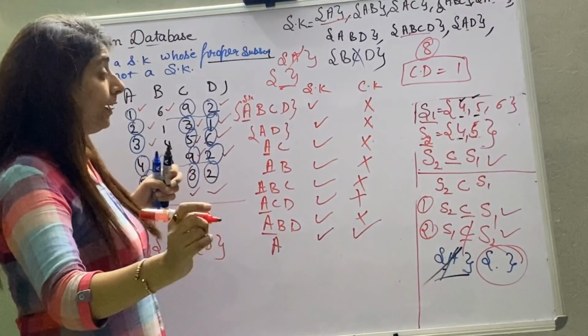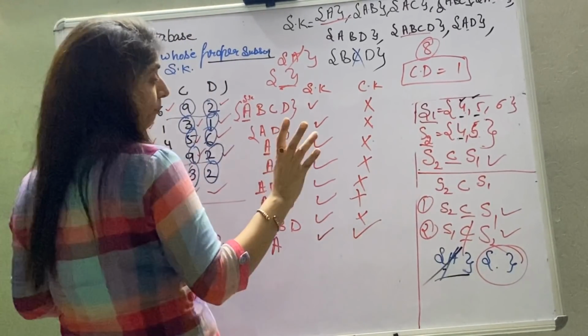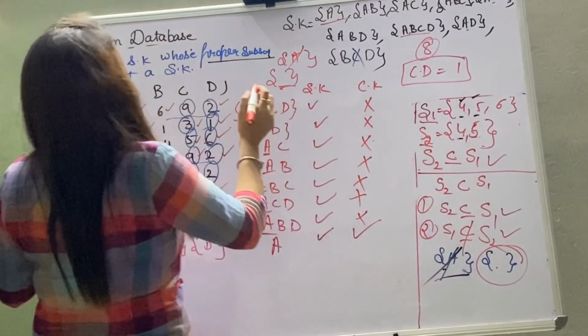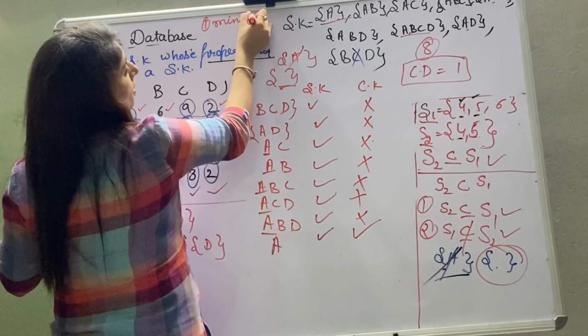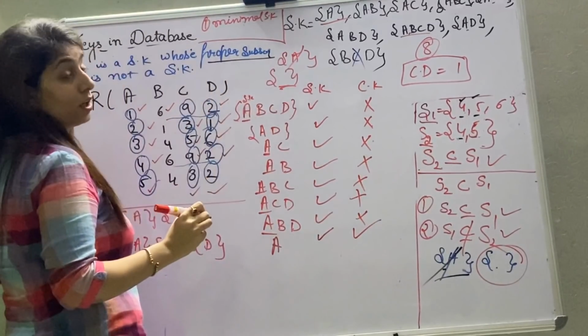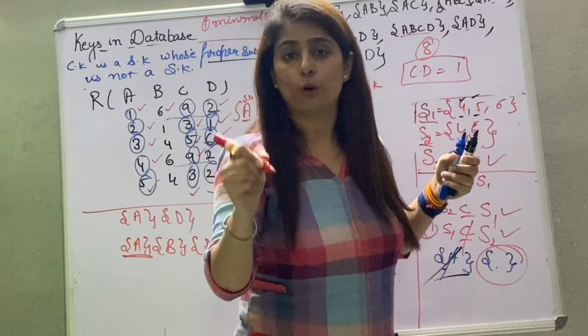Now I tell you one concept here, that is minimal. I wrote in the starting that there is one concept, that is minimal super keys. What does this mean? Minimal means as minimum as possible.